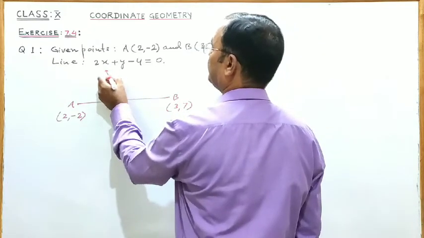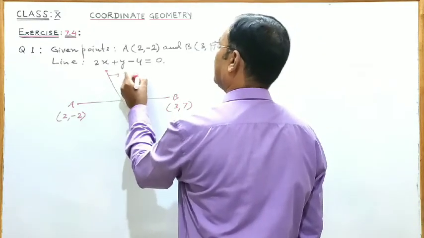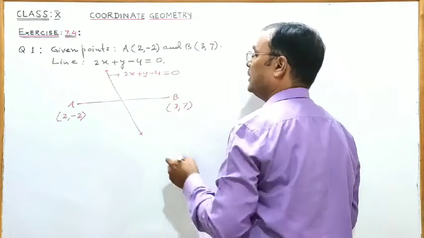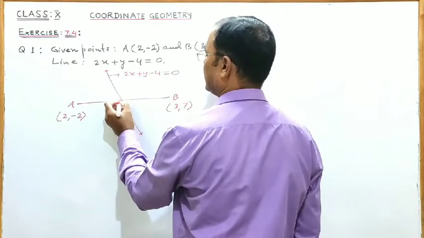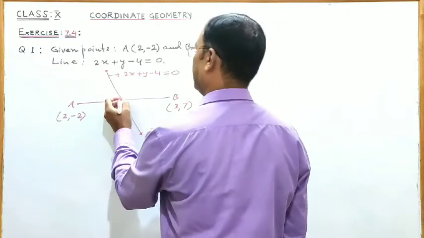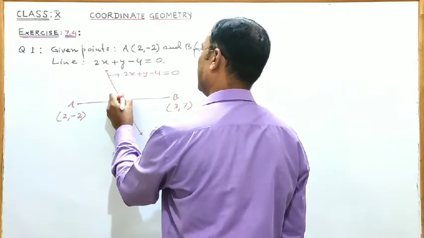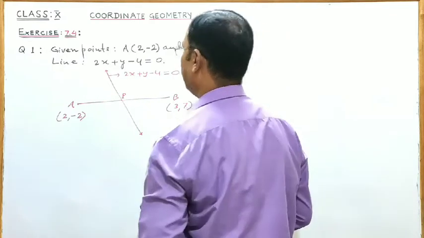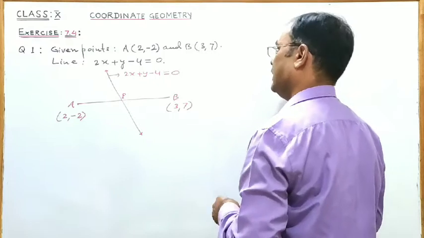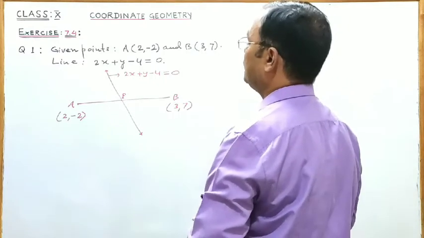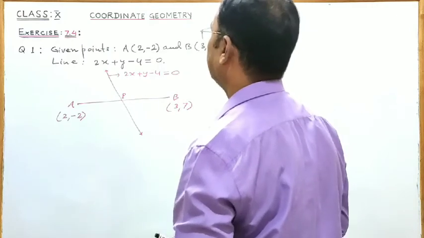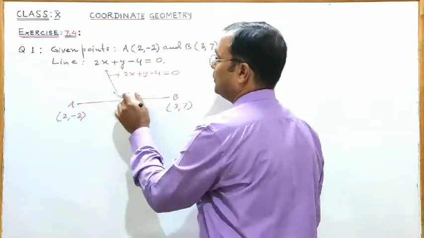this line 2x plus y minus 4 equal to 0 divides this line segment at a point, let this point be P, at which this given line 2x plus y minus 4 equal to 0 divides this given line segment AB in a certain ratio.